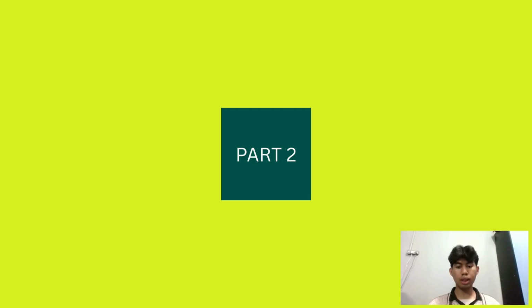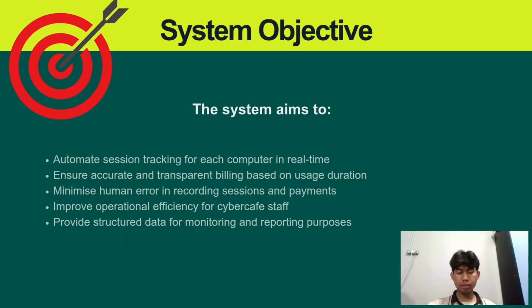Okay, for part 2, I will explain the system objective, key features, and overall workflow of our cyber cafe billing system. The main objective of the system is to automate the management of cyber cafe operations. First, the system allows real-time tracking of customer sessions on each computer. This helps ensure that usage time is recorded accurately.